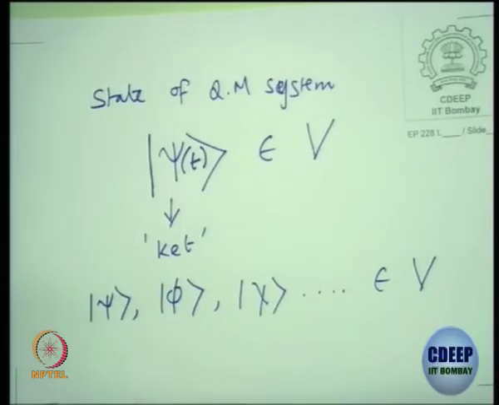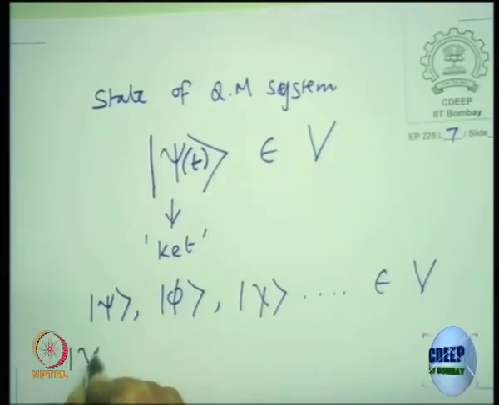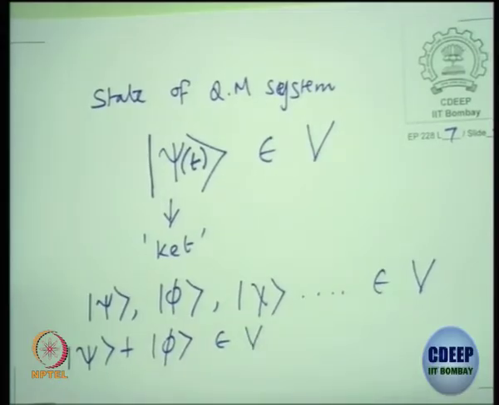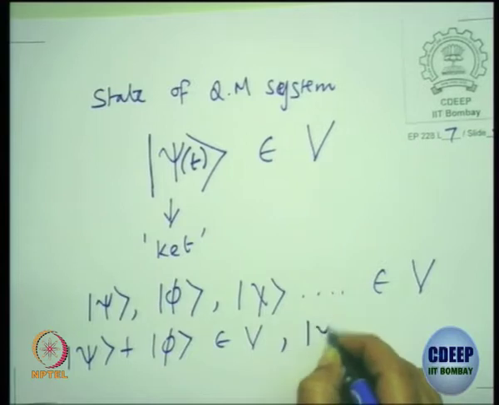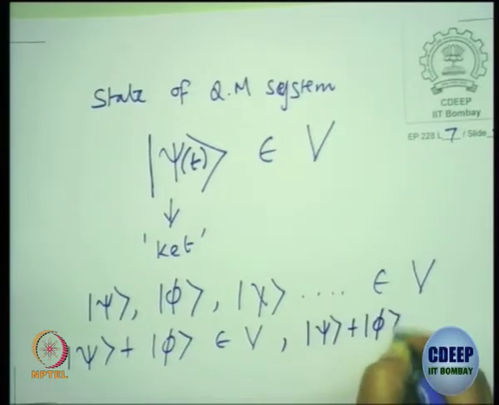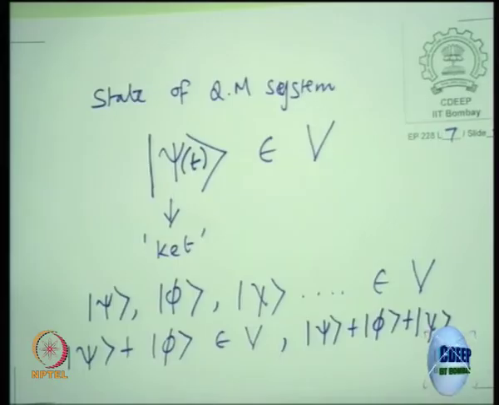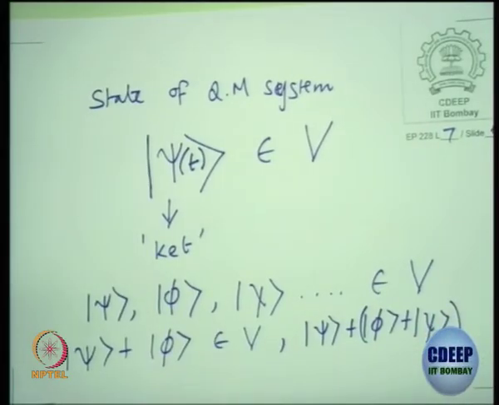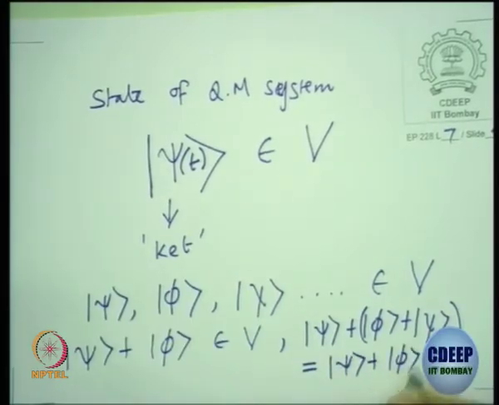You have to satisfy those familiar properties which we were studying. What are those properties? Psi plus phi should be an element of V. What else? Psi plus phi plus chi, you can also satisfy this associativity property, same as psi plus phi plus chi.